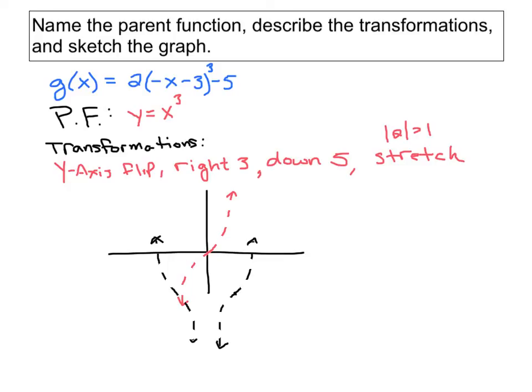And then a stretch. So that means it's going to make it taller and skinnier. Okay, that's not the most beautiful thing in the world, but it's close enough. I got the flips down, I got the stretch, I got the shifts, and I think we get the good idea.